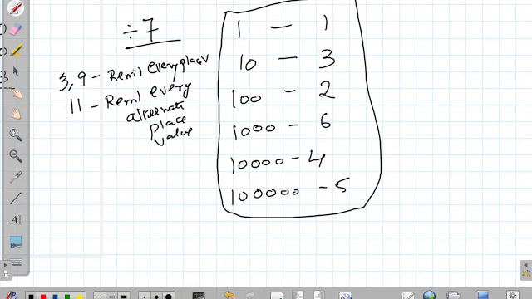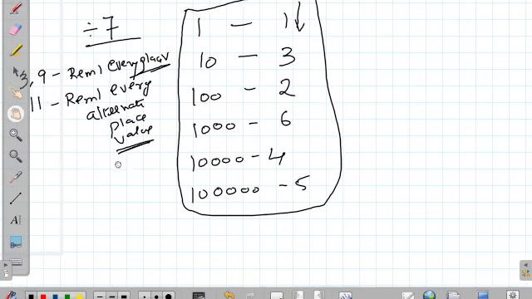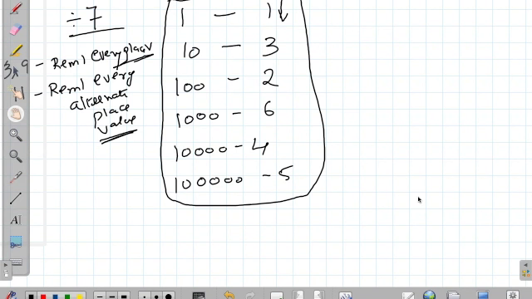So can we change one of these variables? We changed how many place values we are looking at, to come up with the test for 11. Is there any other variable that we can change to come up with a test for 7, given that these are the remainders? Is there any pattern here in the remainders of 7 that we can utilize to come up with a test?